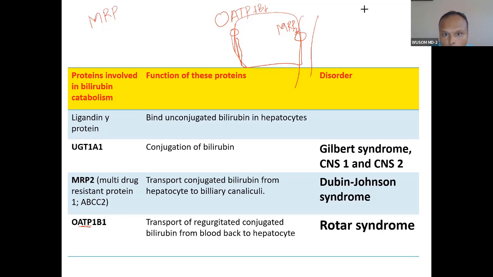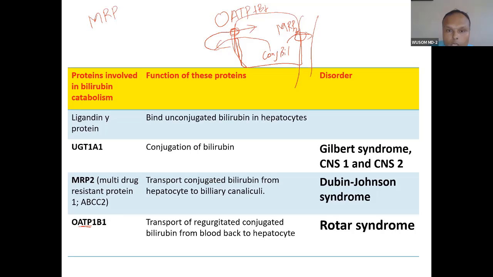Now what will happen? Not all conjugated bilirubin goes out of this. Some bilirubin regurgitates back. So what does this channel do? The regurgitated conjugated bilirubin will be taken back by this, so that the blood will not have this conjugated bilirubin. This makes sure that all conjugated bilirubin will appear in the biliary canaliculi. So regurgitated bilirubin is normally taken up again by this OATP, organic anion transporter protein.